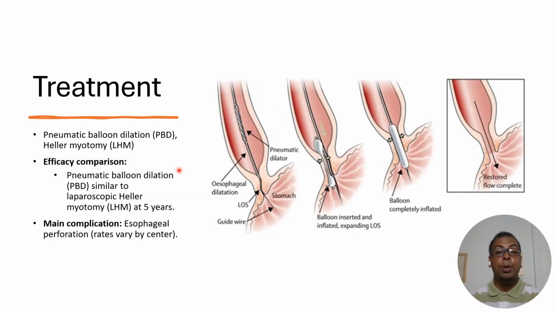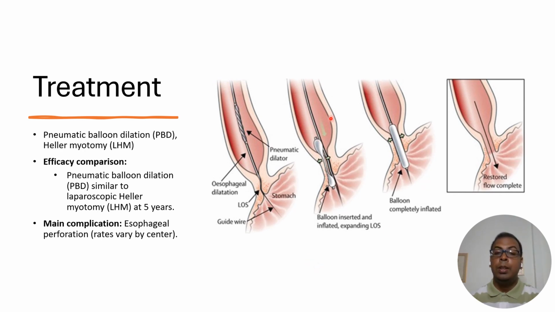All right, so you do have to know a bit about treatment for achalasia. The two procedures commonly done are pneumatic balloon dilation and Heller's myotomy. So the more common procedure done is pneumatic balloon dilation. So just a bit about this procedure. You would have a catheter inserted via the oral cavity into the esophagus. It goes all the way down to the stomach.